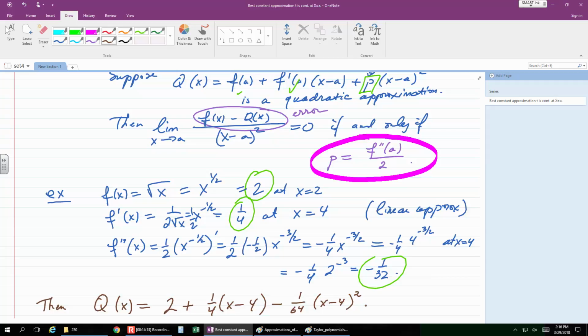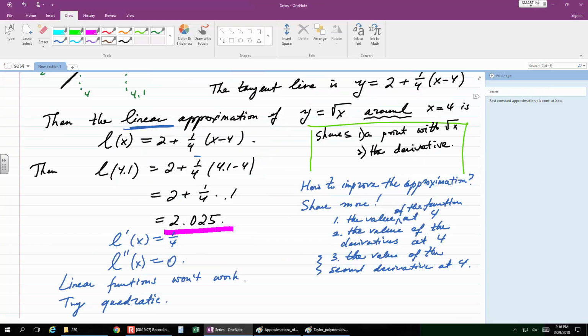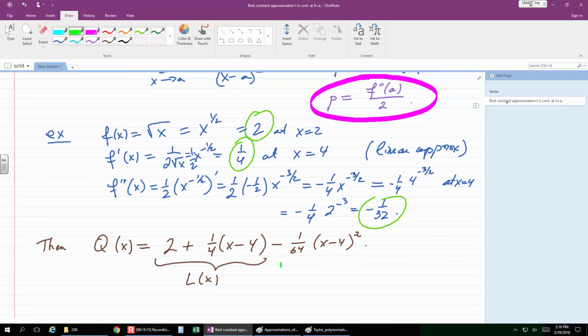So that's the difference between this and the original. That's right. This is L of x. The linear approximation is the first two terms. Let me confirm. Right here, see, this is the one. This is our linear approximation that, once again, comes from calculus 1. And we have an extra term. We added an extra term, which happens to be negative.